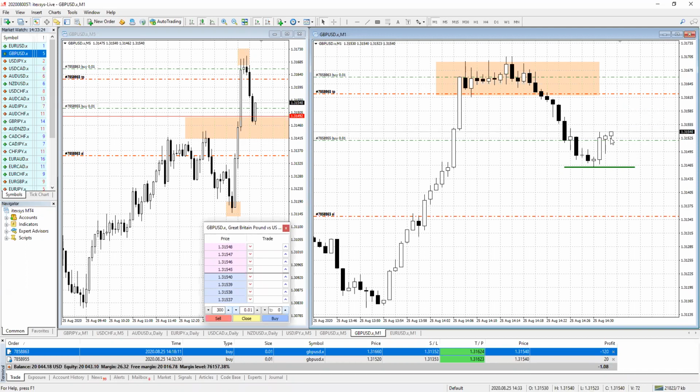So it depends on how the price starts to form and develop. I will take that decision.